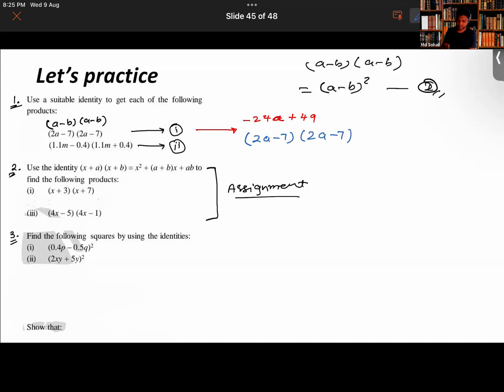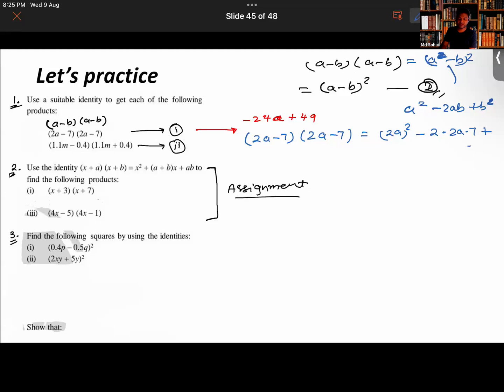Here, as per the formula, it is going to be a minus b whole square, that is a square minus 2ab plus b square. The values are given here. So it's going to be 2a square minus 2 multiplied by 2a multiplied by 7 plus b square.